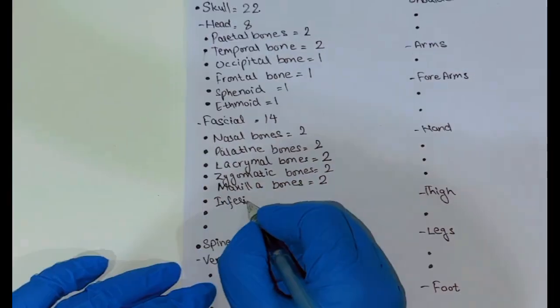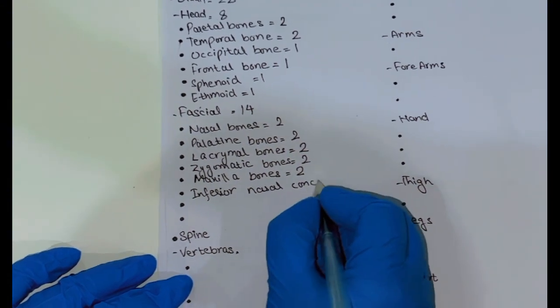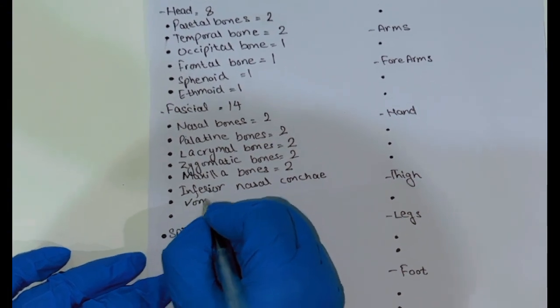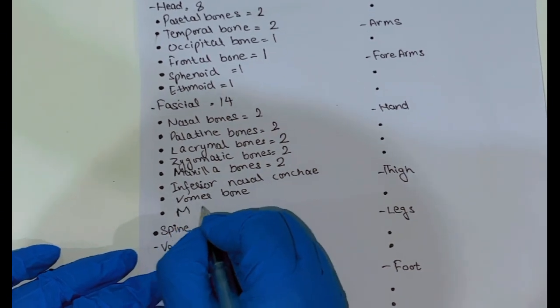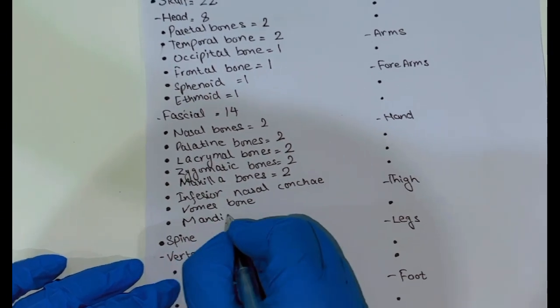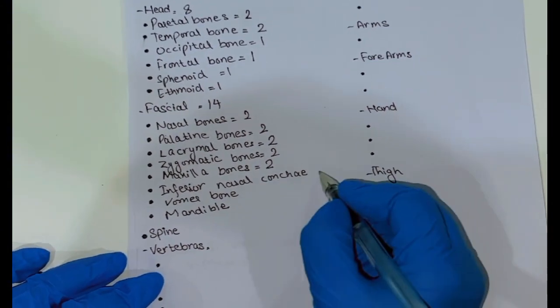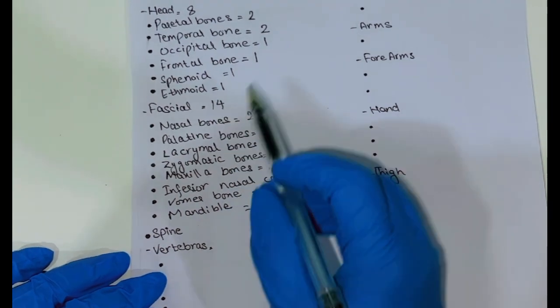Next are 2 inferior nasal concha. Next is 1 vomer bone and 1 mandible we have.